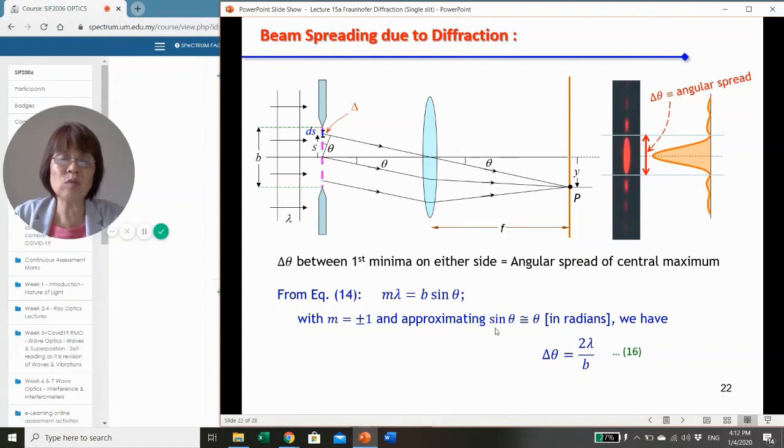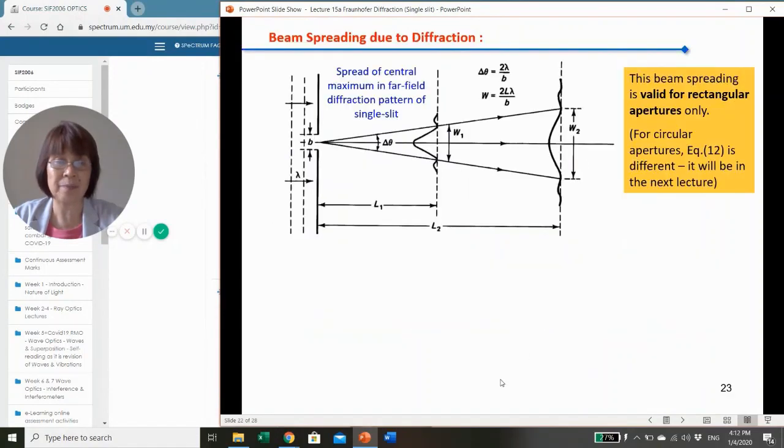We are also considering small angles, so we approximate sine theta to theta, which is written in radians. Don't forget that. Then we have 2 lambda over b equal to delta theta. That is the angular spread from the two minima on either side of the central maximum.